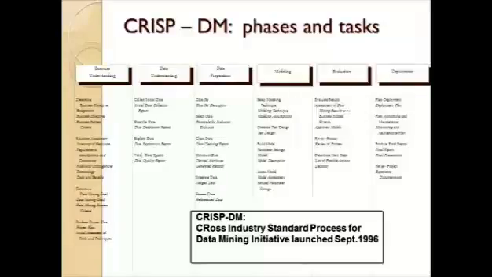One is called CRISP data mining. CRISP stands for Cross-Industry Standard Process for data mining initiative. Okay, it was launched in 1996. So according to this process model, data mining starts with business understanding, then data understanding, and then data preparation, modeling, evaluation, and deployment.